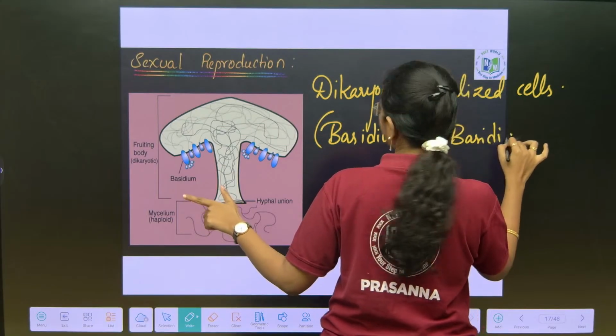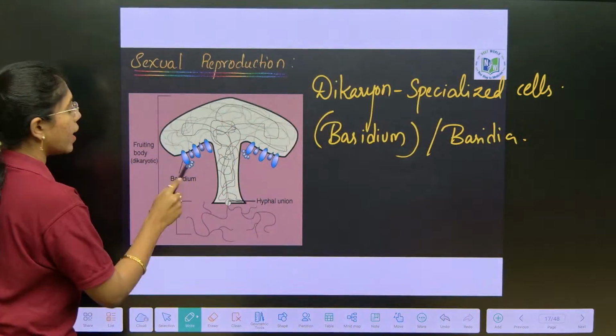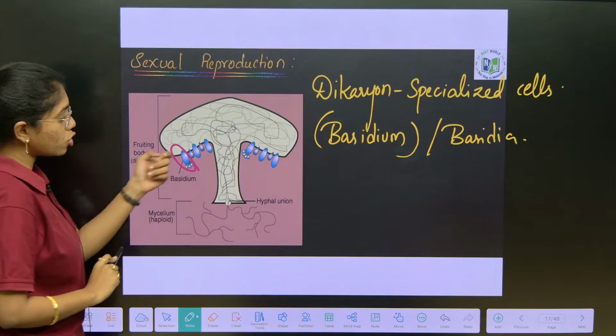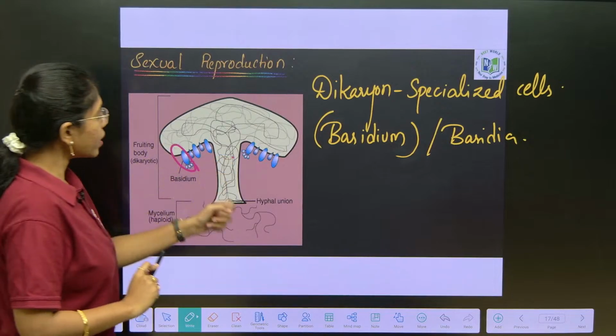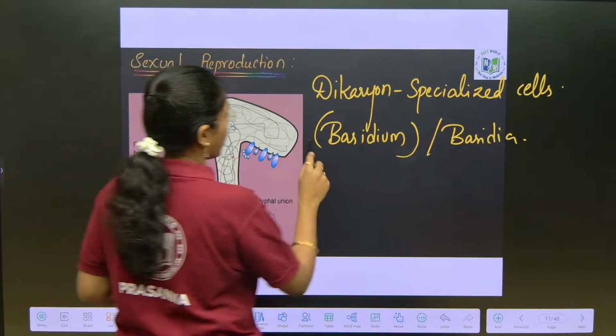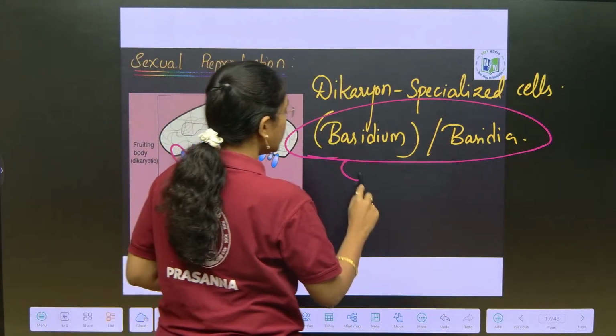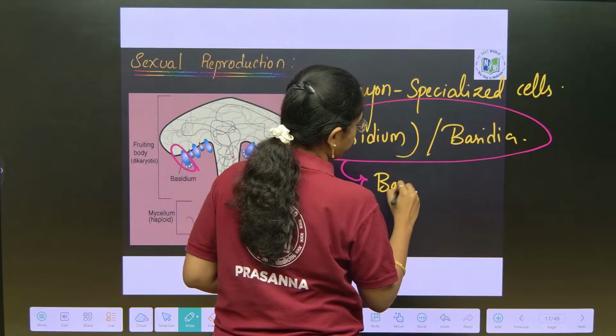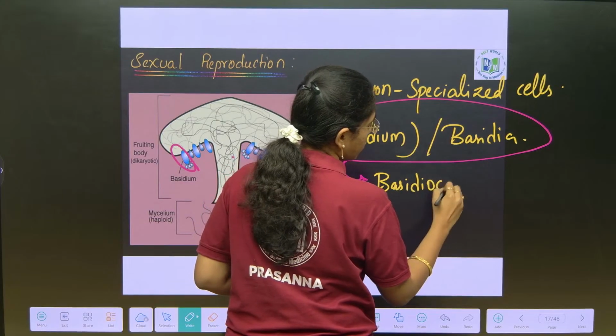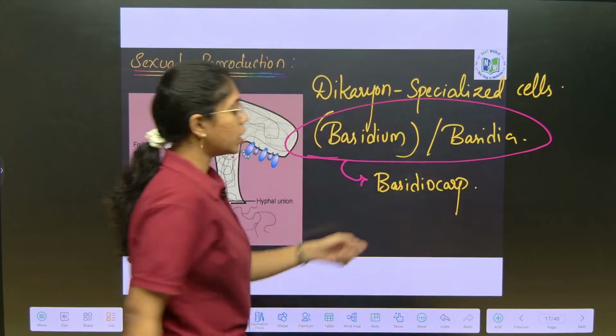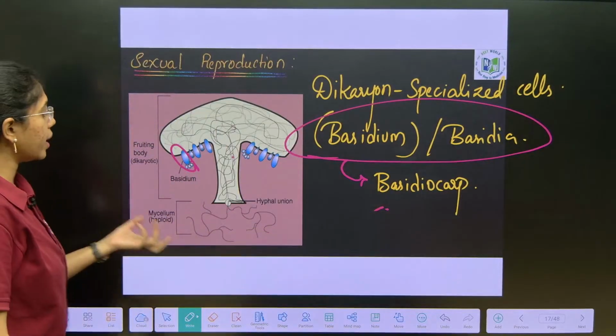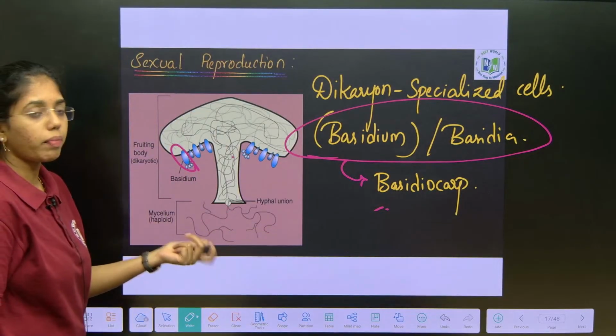So, here in this diagram you can see clearly where basidia are formed. They are exogenously present over the fruiting bodies, basidiocarps. Fine. These fructifications are also of many different structures from microscopic to macroscopic.